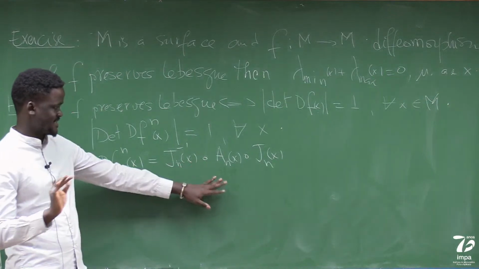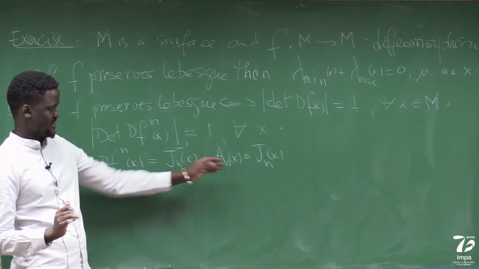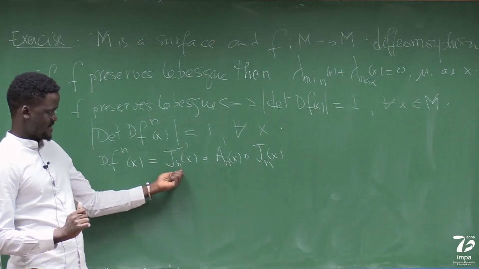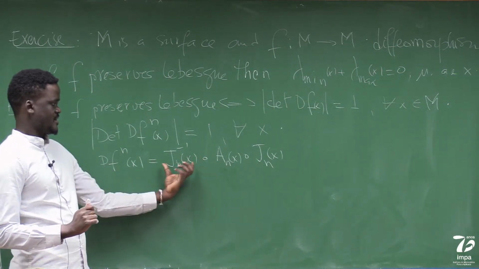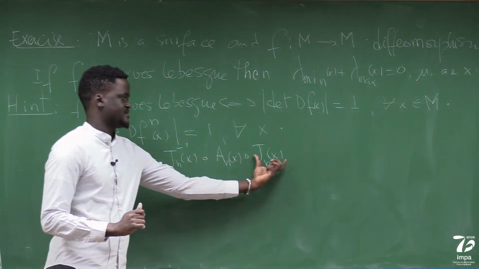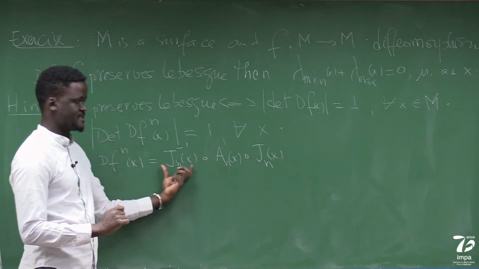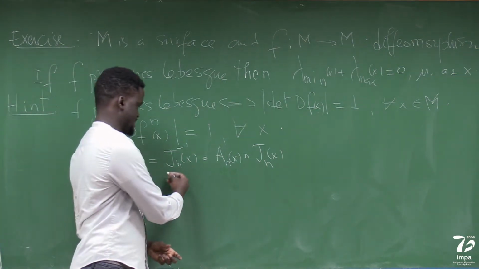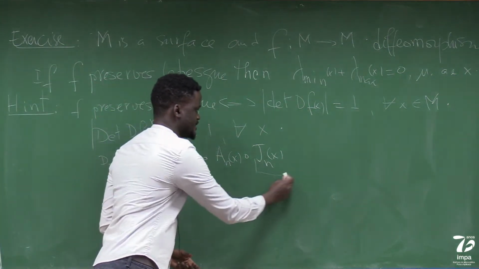There are some technicalities you need to handle here, in that you can write this in a way that the norm of these two matrices is bounded above and below.